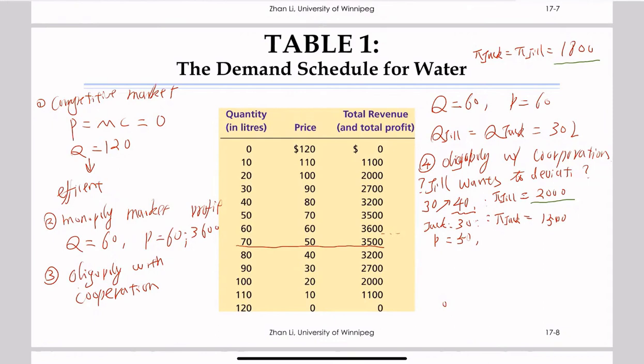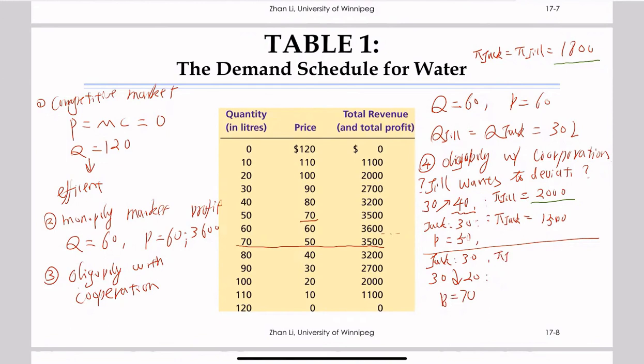We also can ask, if Jack still stays at 30, will Jill want to reduce from 30 to 20? Now let's see this case. If Jill decides to produce 20, the total output would be 50, and then the price would be 70.